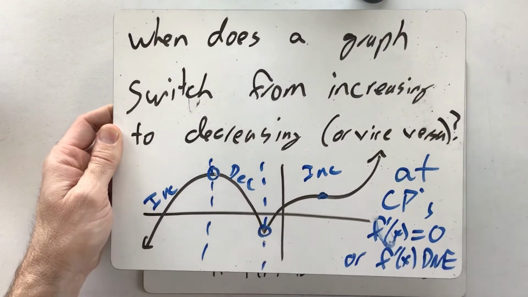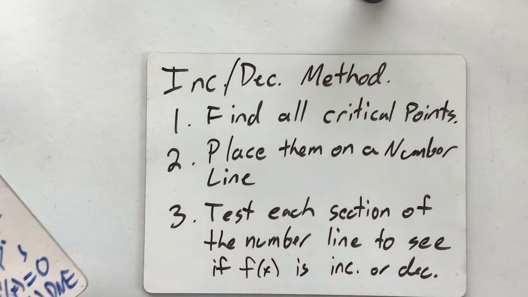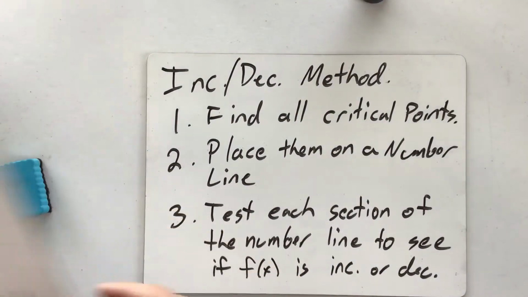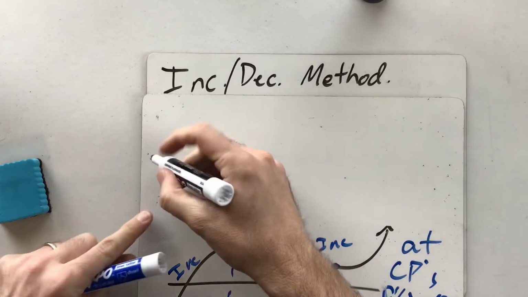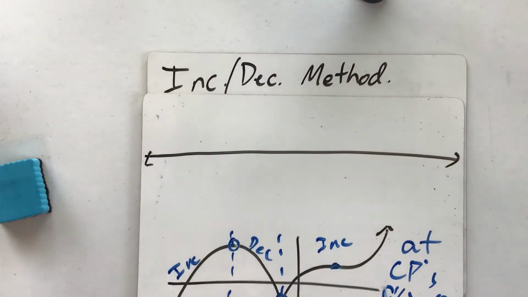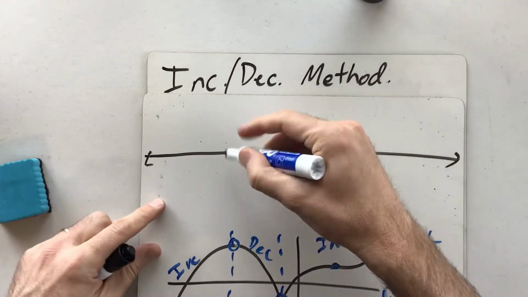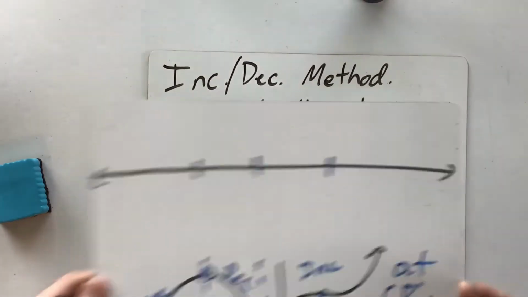So we'd find those 3 critical points, and then we would place them on a number line. I would draw a number line and put those 3 spots on it, marking my critical points.